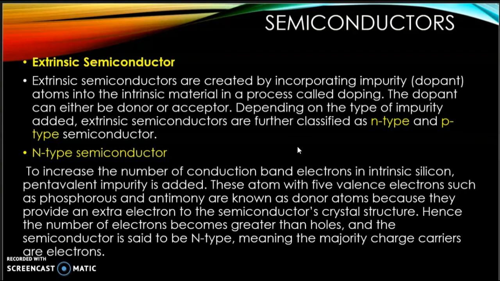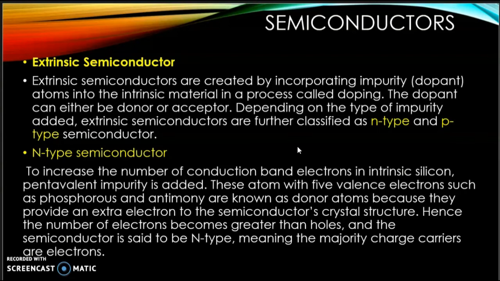So whenever we add an impurity to an intrinsic semiconductor, it ceases to be an intrinsic semiconductor, and therefore we start to call it an extrinsic semiconductor. The process of adding this impurity in our study here will be termed doping. So doping is an act of adding an impurity to an intrinsic semiconductor.